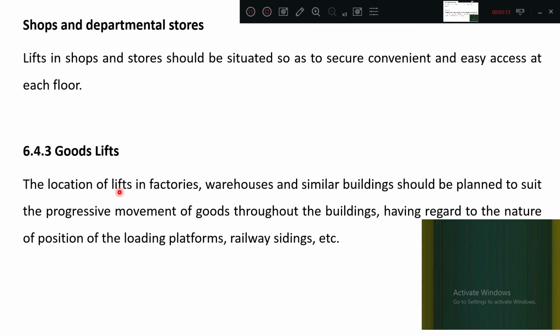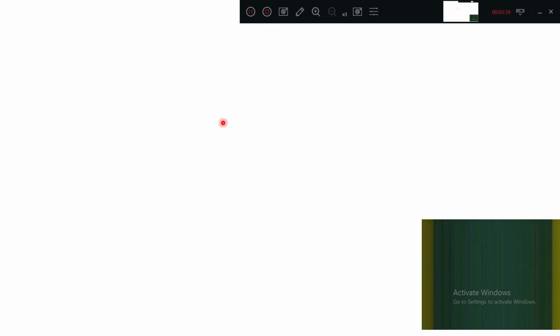The location of lifts in factories, warehouses and similar buildings should be planned to suit the progressive movement of goods throughout the building. The smooth movement of goods should be there. In that way you should plan the arrangement, having regard to the nature and position of the loading platform and railway sidings. These should also be given importance.